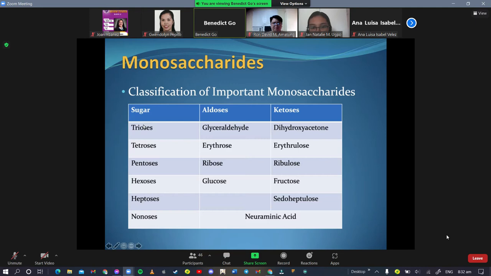Now, the sugar can have 3, 4, 5, 6, 7, and so on, number of carbon atoms, and it is either an aldose or a ketose. So for example, a 5 carbon aldose is called ribose, and a 6 carbon ketose is called fructose.